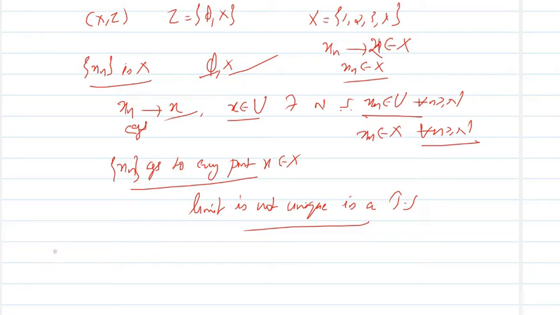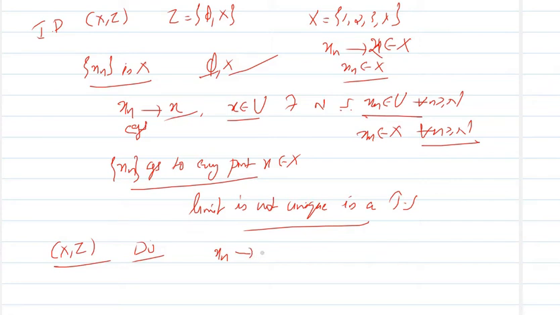Now consider the discrete topology (X, tau). Now what happens here?